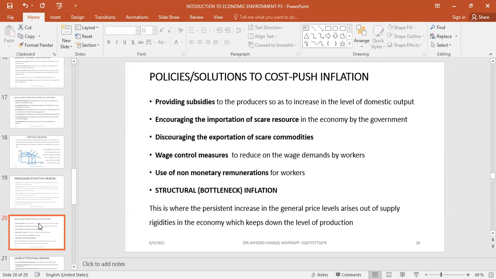Let's say a manufacturing company, let me use Coca-Cola. If Coca-Cola has a machine that is capable of making 10,000 bottles of soda in a day, and the demand is exceeding the 10,000 this machine is making.